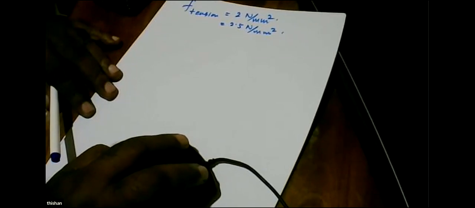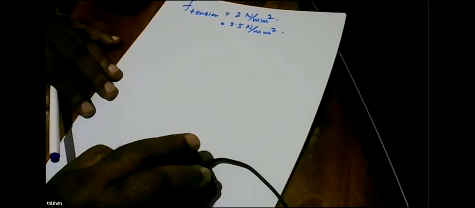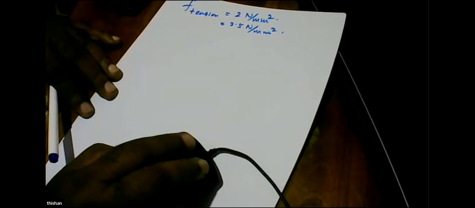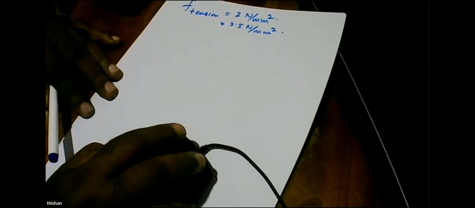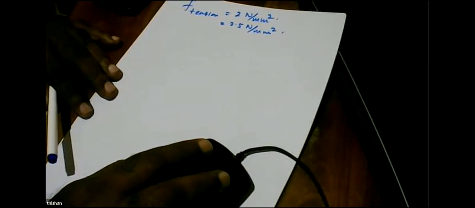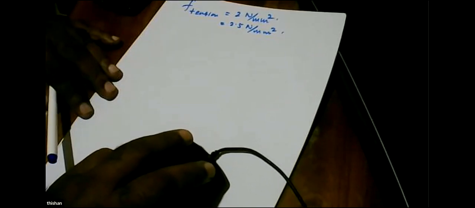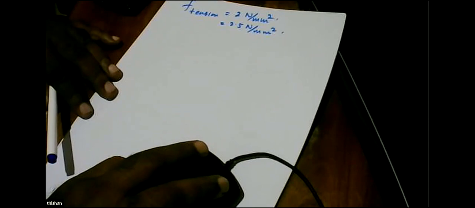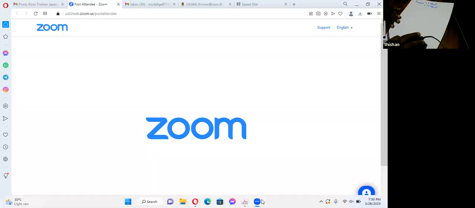But generally, the allowable tension will be in that particular range. So I can show you some information. I can share the screen, and you already have this particular note.